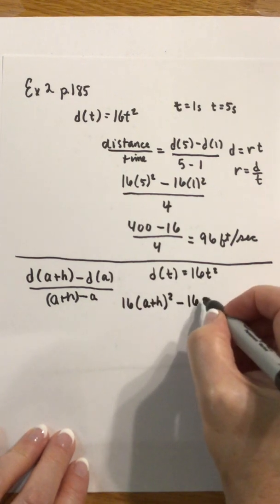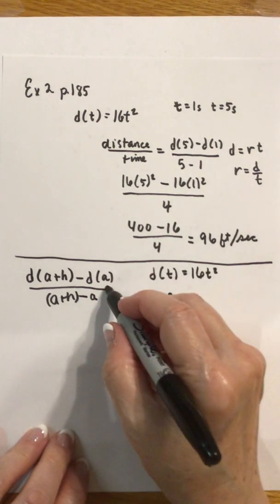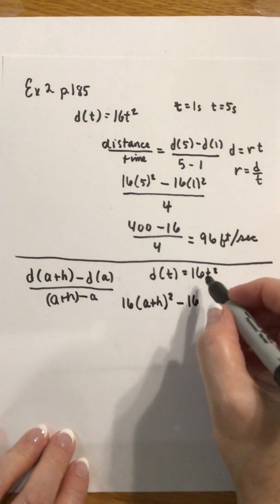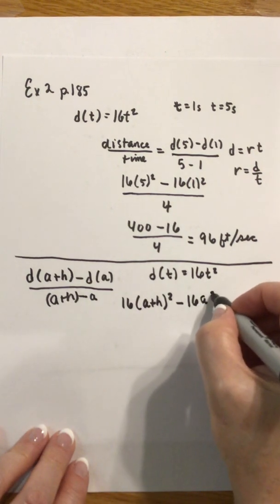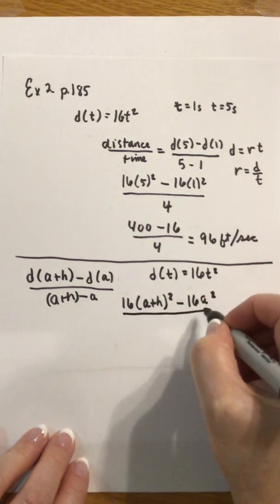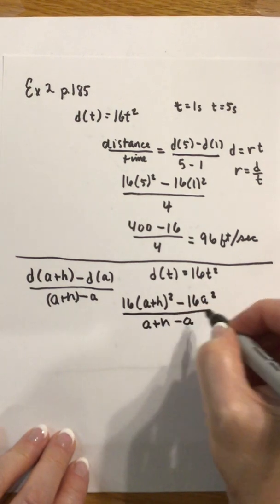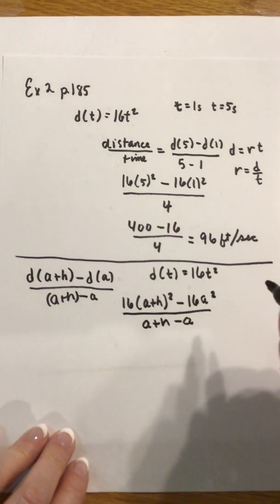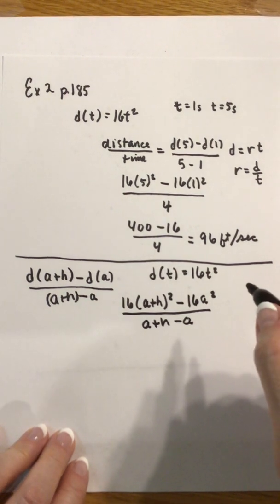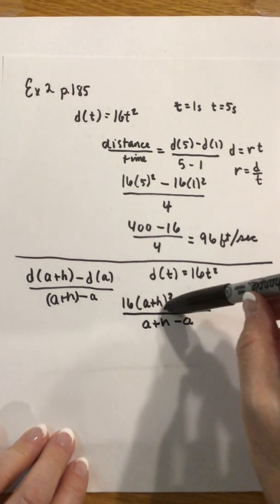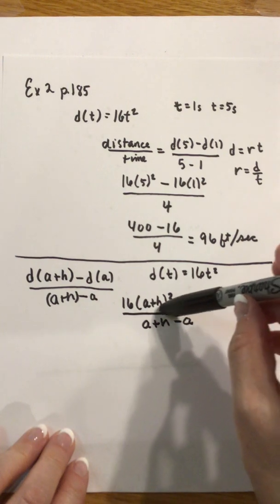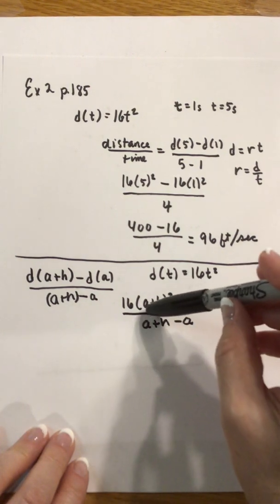Minus 16. Now what am I going to put inside? I'm going to put in the a, because the a is the input into t. So I have a squared, all over a plus h minus a. Now here's where some people get a little confused, so we have to be careful, because this a plus h squared that's here, we're going to square first and then multiply in the 16.